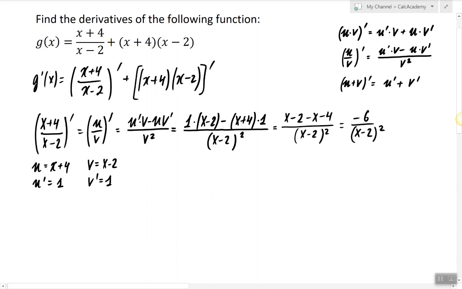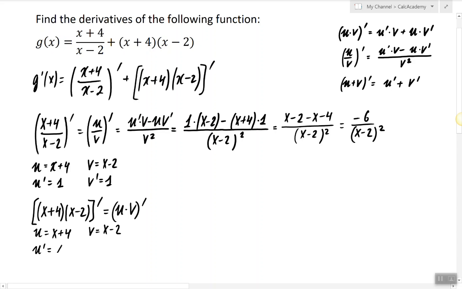Now, to find the derivative of the product, we do something very similar. This time we identify the product. u is again x plus 4, v is x minus 2. As you can see, we have exactly the same u and v, but we're going to put them together in a slightly different way.